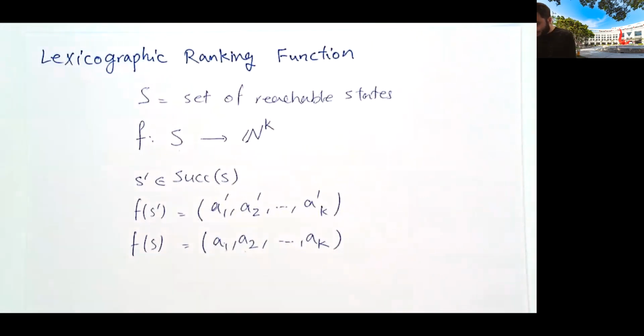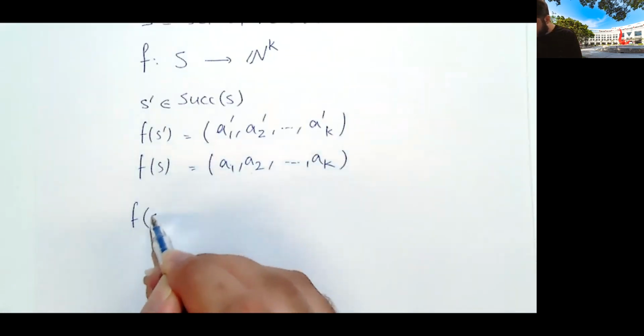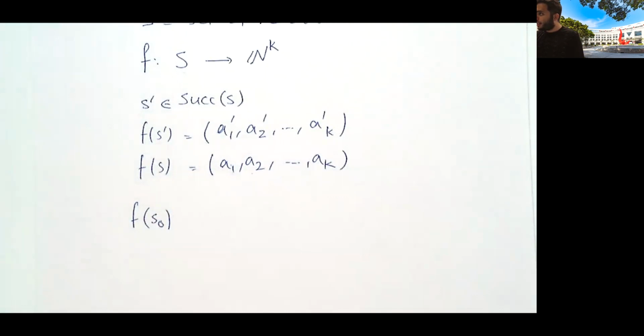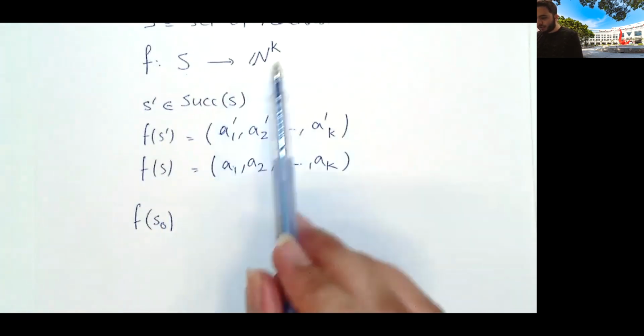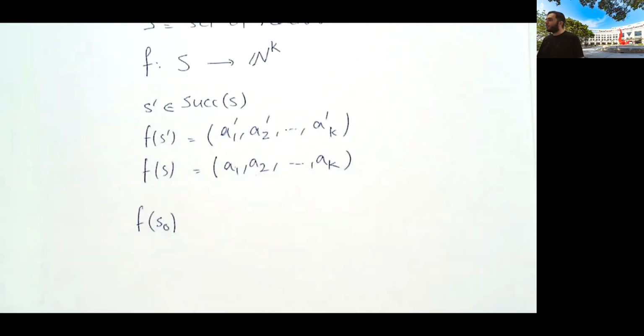Because it starts with f of S0, which is a vector of k natural numbers, and there are finitely many other vectors that are lexicographically less than or equal to this, so you cannot take infinitely many steps. So a lexicographic ranking function also proves termination.